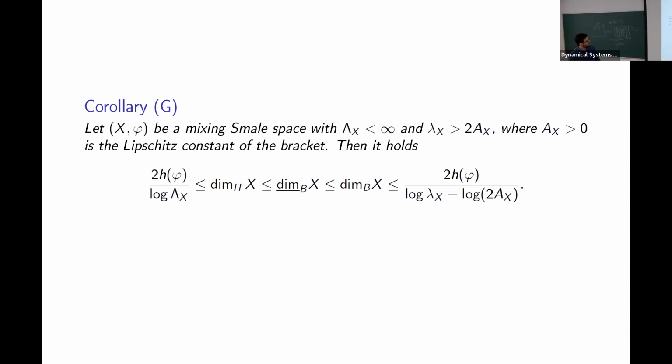If you start with any Smale space with Lipschitz dynamics, and you assume that the contraction rate in the Smale space is greater than 2 times the Lipschitz constant of the bracket, then the distance of x and the bracket of x and y is smaller than or equal to this constant times the distance, and you have the same for y as well.